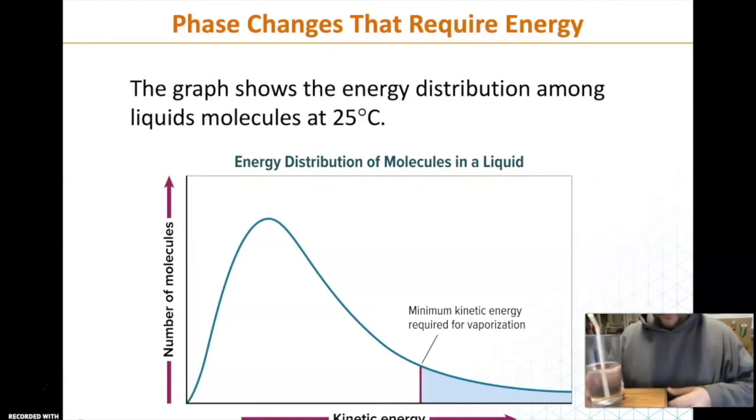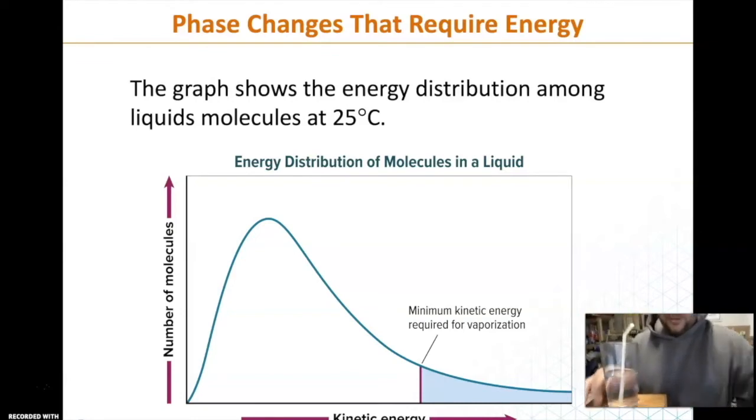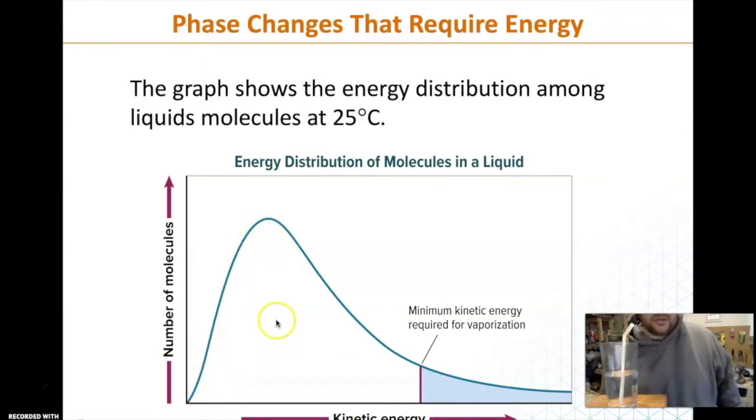Some of those particles in that glass of water are down here. Most of the particles have this amount of kinetic energy. So our average kinetic energy is probably going to be somewhere in this region. But some particles, very few particles, but there are some, have a really high kinetic energy here.